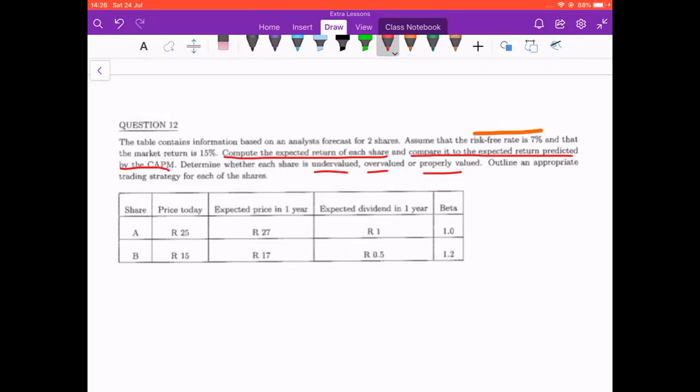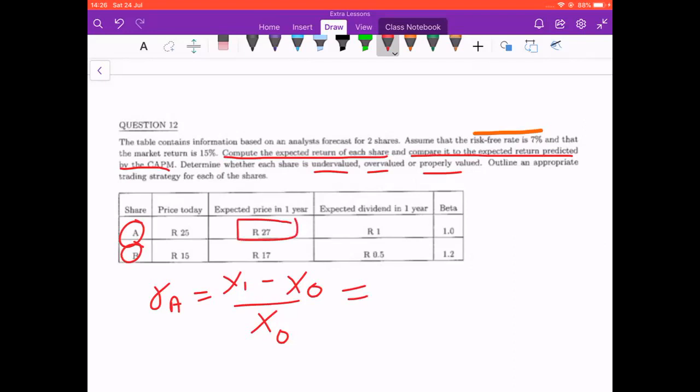So you have A and B. You're going to have the returns of A. We said the return of A is going to be the payoff of the asset minus the price, over the price. This is the equation we had earlier on. After a year, we expect the price to be 27 rand, and there's going to be a dividend of 1 rand as well.